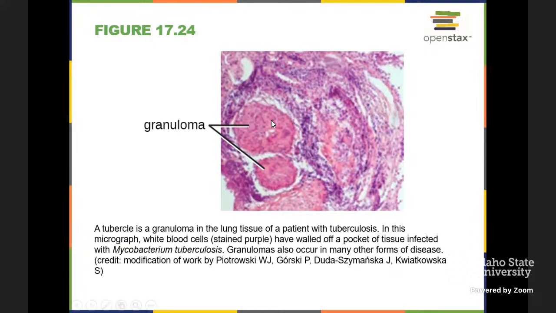And the issue with that is these cells are hidden away, and the tubercles or the granulomas can start to degrade and release those microbes, so we can see recurrence of the infection when we maybe are feeling like we've got everything under control. All right, so that sets the stage for problems.